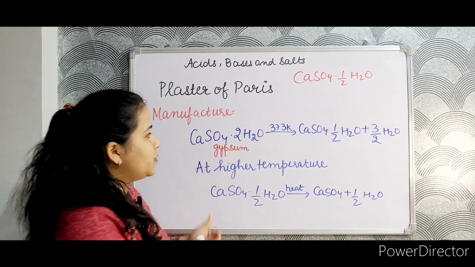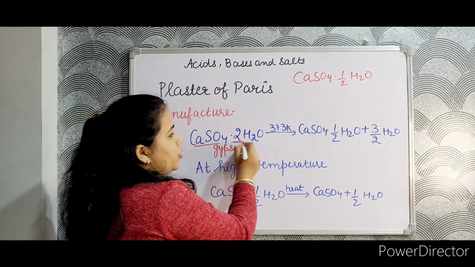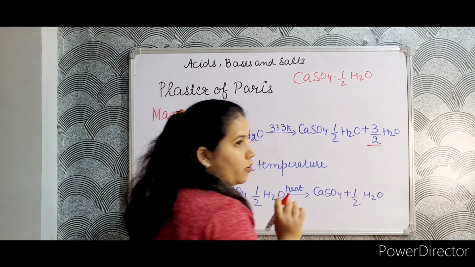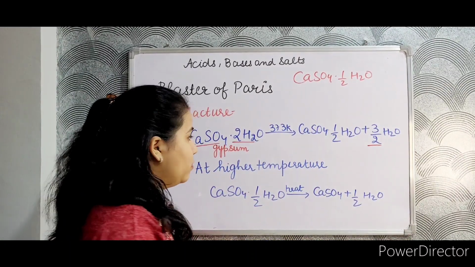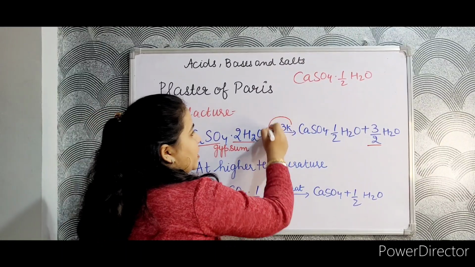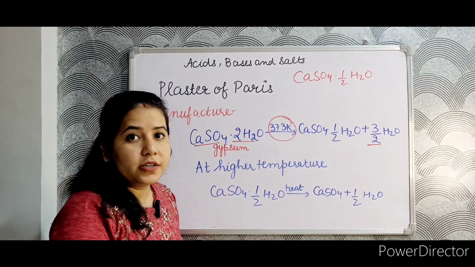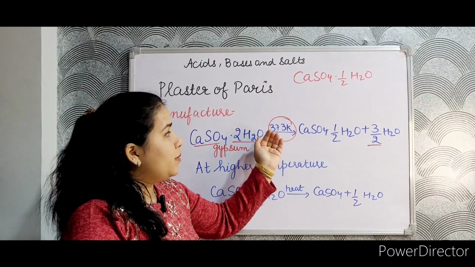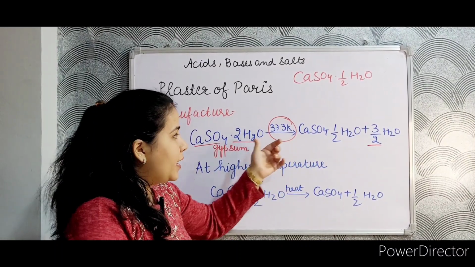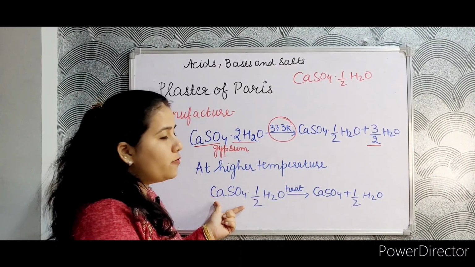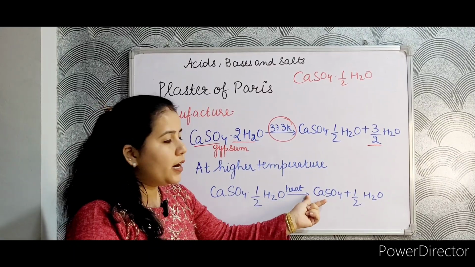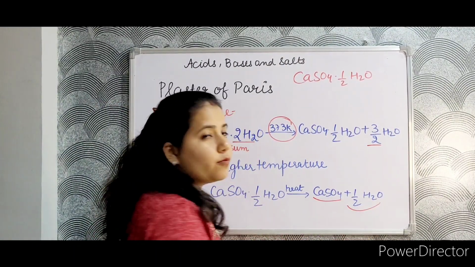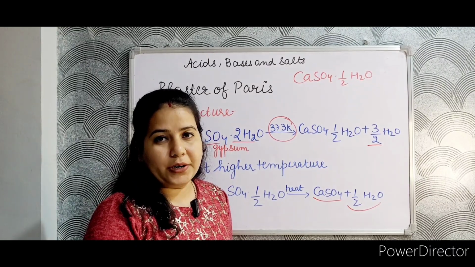The formula for gypsum is CaSO4.2H2O, and 3 by 2 moles of H2O is released. The temperature is fixed here at 373 Kelvin. If the temperature exceeds this, at higher temperature, the plaster of Paris changes into the anhydrous form, which is calcium sulfate, and half mole of water is separated out.